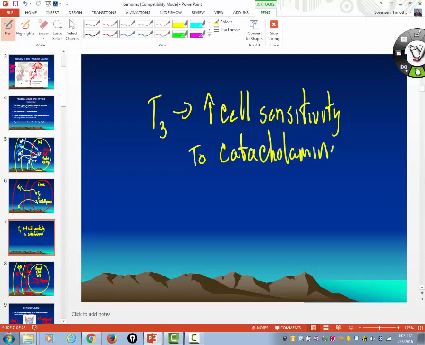Oh, nice. That's a fancy way of saying catecholamines are epinephrine, epi, and norepi, right? So if you have increased amounts of T3 circulating, it is going to amplify the effects of epi and norepi, right?